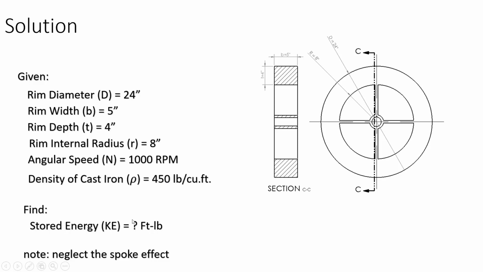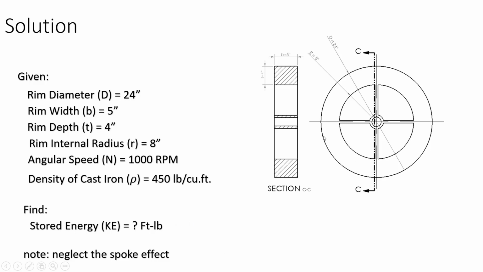In a flywheel, the stored energy is based on its angular speed, so it is a kinetic energy. When solving kinetic energy for a linear motion, it is 1/2 times the mass and the square of the velocity.